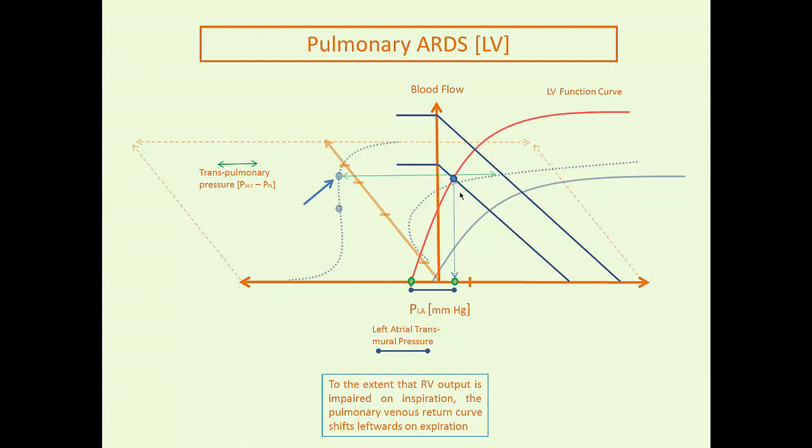So again, this can be an explanatory factor why you can get pulse pressure variation in patients with very poor respiratory system compliance, even if these patients are not volume responsive. You may get pulse pressure variation, but it's not a function of preload responsiveness of the RV. It's more a function of increased right ventricular afterload effects.